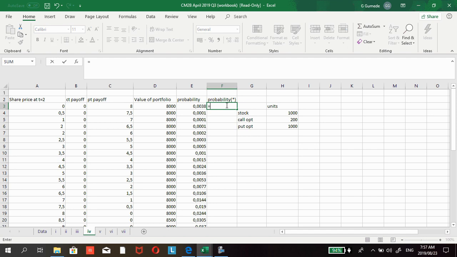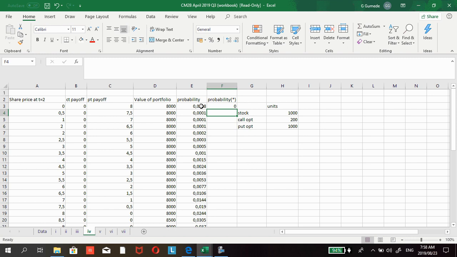I'm going to say this is equal to, and I'm going to say if this column here, which is the value of the portfolio, is greater than or equal to 15,000, please return this column here, which is the probability. Otherwise, if that is not the case, please return 0.